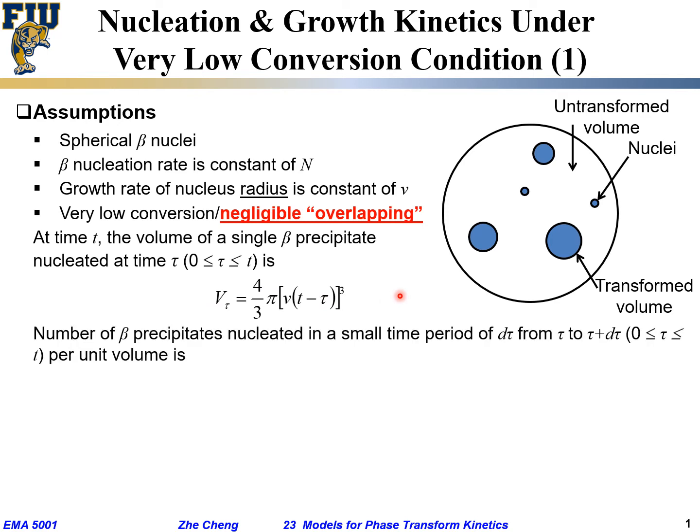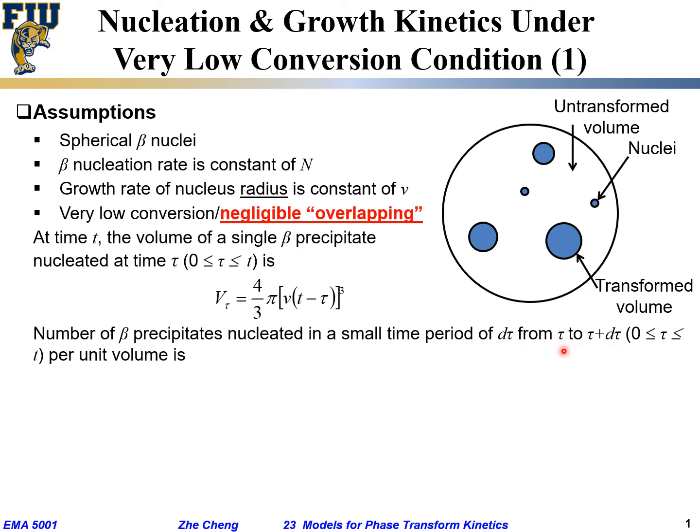Let's consider that's for one nucleus, what's the volume, and then let's consider the number of nuclei that are formed. The number of beta precipitates nucleated in a small time period d tau, where d tau means an incremental time, from tau to tau plus d tau.